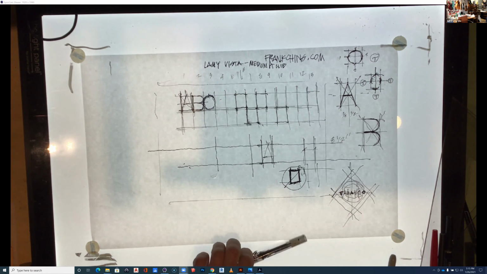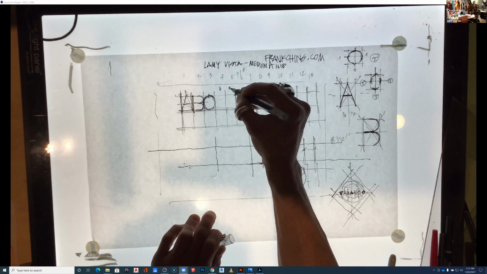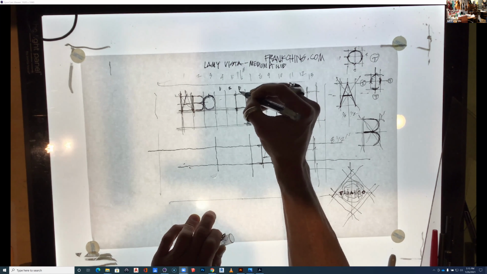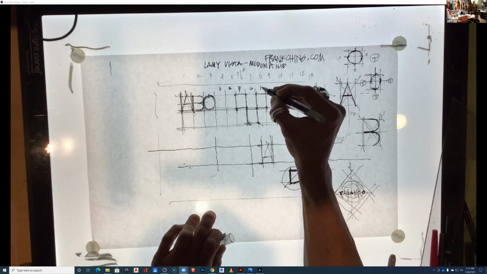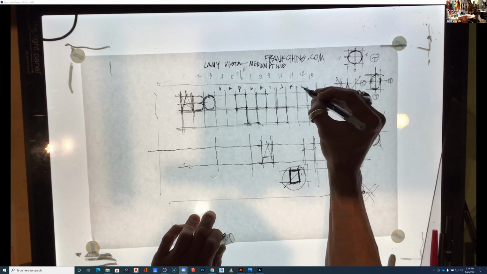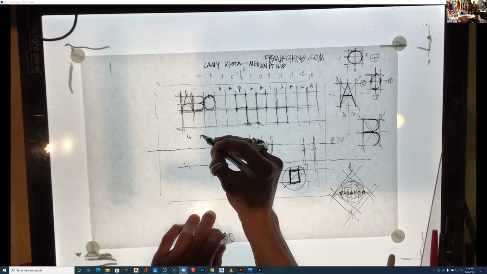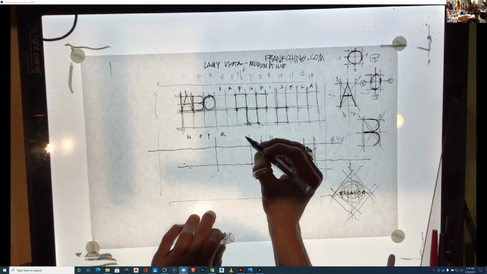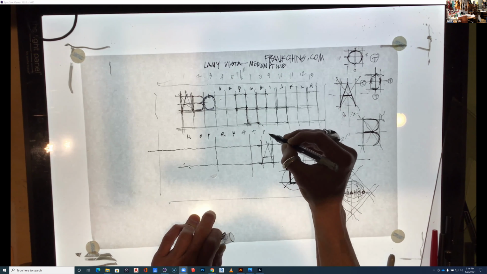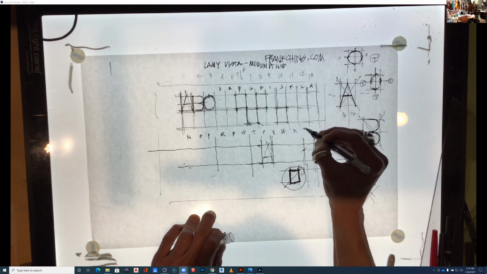A, B, C, D, E, F, G, H, I, J, K, L, M, N, O, P, Q, R, S, T, U, V, W, X, Y. Hey, you're right.